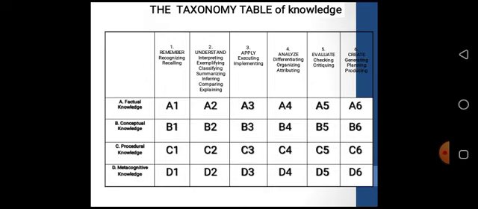In these columns there are the action verbs we have seen above, and in the other column we have A, B, C, D, which are the 4 types of knowledge above. Okay.